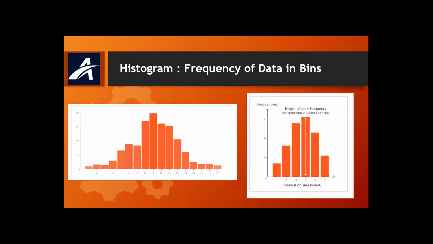When you're building a histogram, in your class for instance, you want to see how the data is distributed. Do we have most people who are older, or most who are younger, or is it just normal?